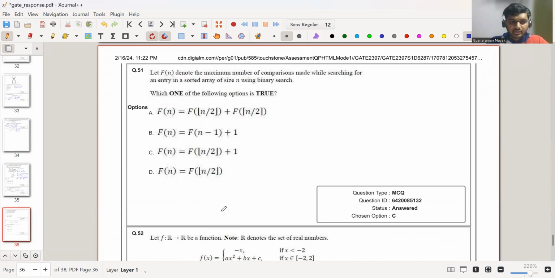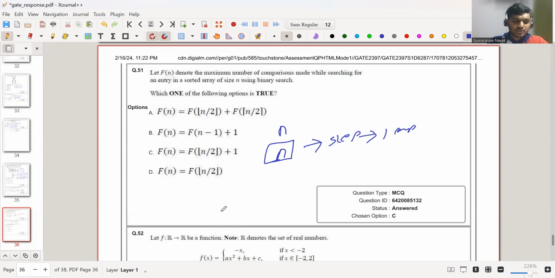Let f of n denote the maximum number of comparisons made while searching for an entry in a sorted array of size n using binary search. For an array of size n, at each step you make one comparison to check if the target is equal to the middle element.